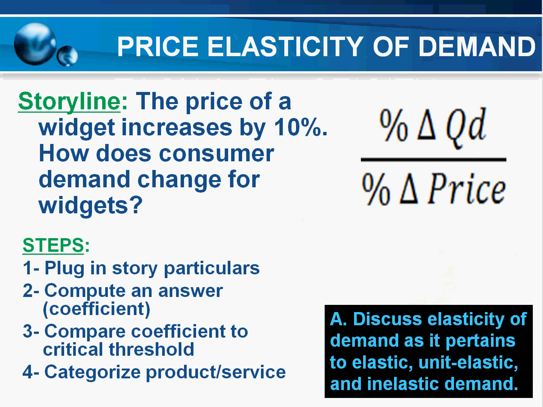After you have computed an answer or coefficient, you are now to compare the coefficient to a critical threshold. Now, for price elasticity of demand, our first equation, the critical threshold is 1, meaning that you will always compare whatever coefficient results from price elasticity of demand to the number 1. And step 4, you will then categorize the product or service contingent on the judgment against that threshold.